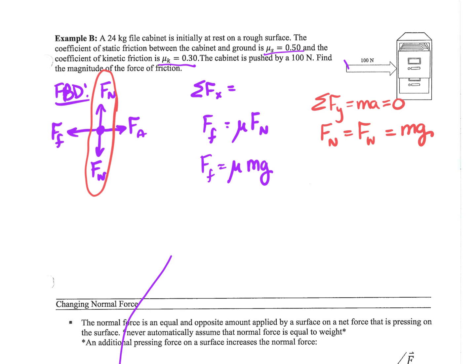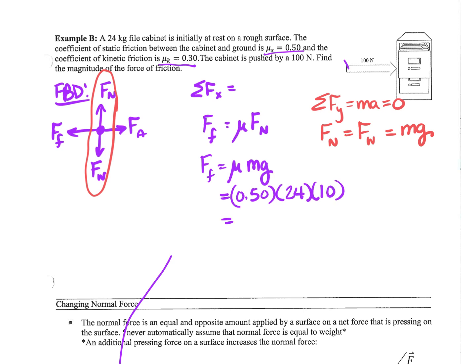What is mg? 24 times 9.8. Okay. So if it's initially at rest, what's working on it? Which one are we going to use? Static or kinetic? Static. So static is 0.5 times the mass, and then gravity, which is 10, right?